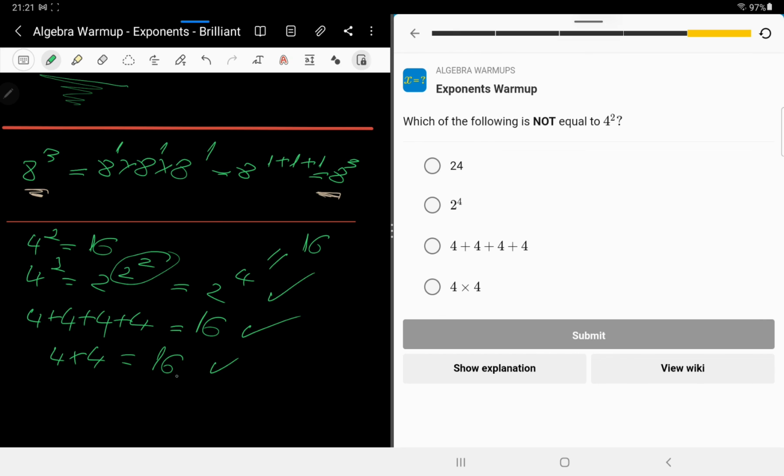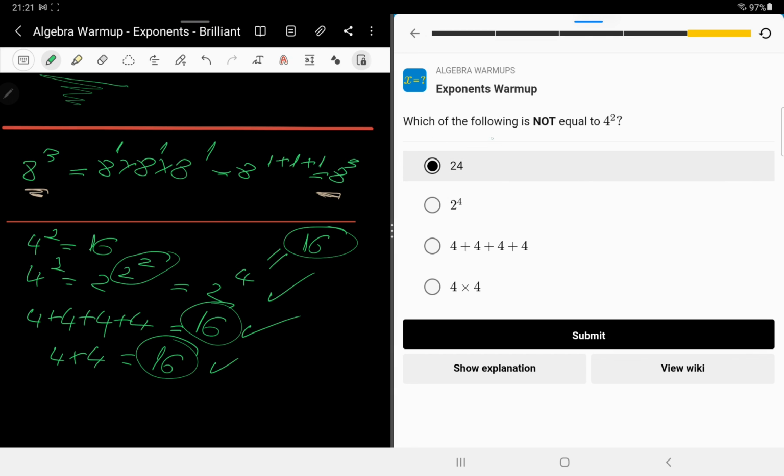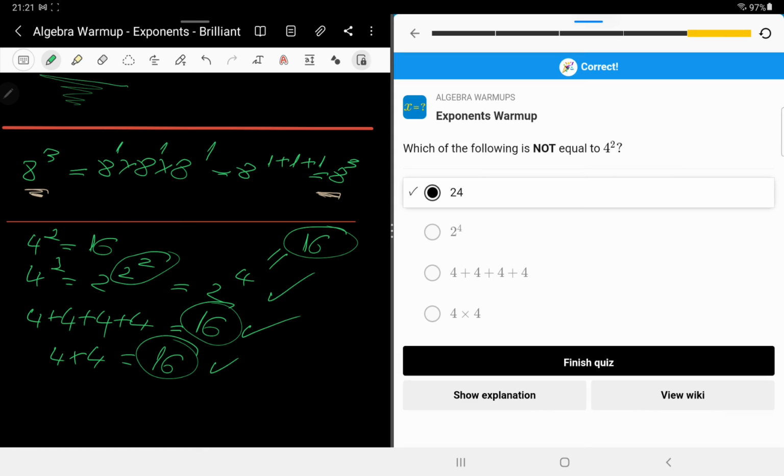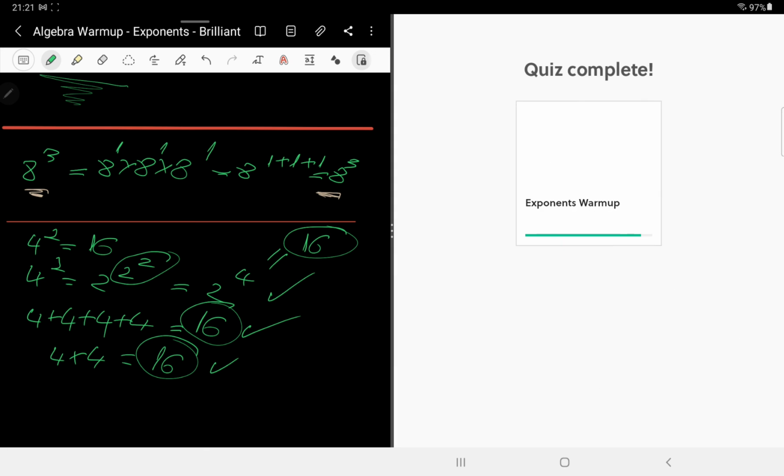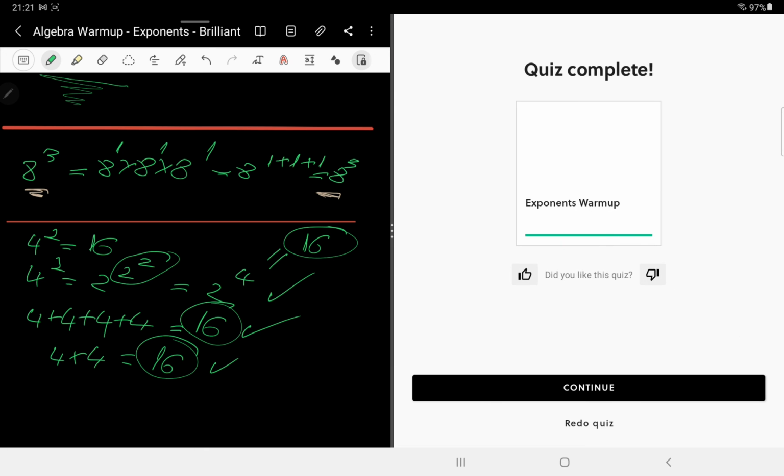So all of them lead to the same 16, except this one, the 24. All right? Okay, so which of the following is not equal to 4 to the power of 2? And that's it. All right, over and out.